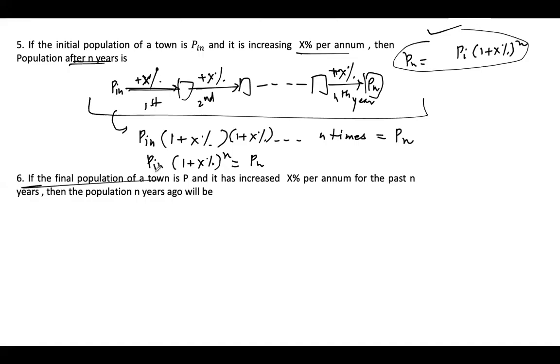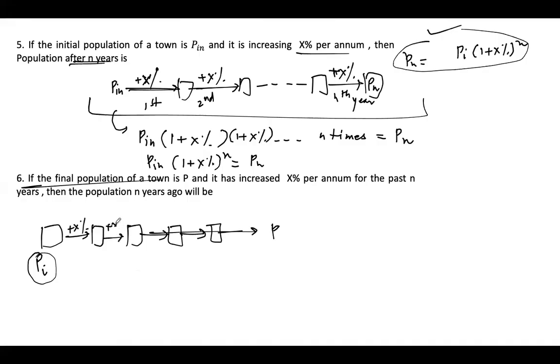The same thing. What is it saying? If the final population of a town is P and it has increased by X% per annum for the past n years, then the population n years ago will be? It's a reverse calculation, so we have to calculate the population n years ago, let's say initially, and this is X percent, X percent, X percent, and so on. Again, the same thing.